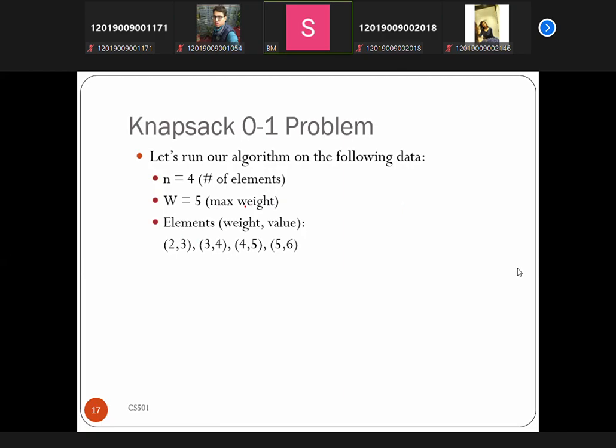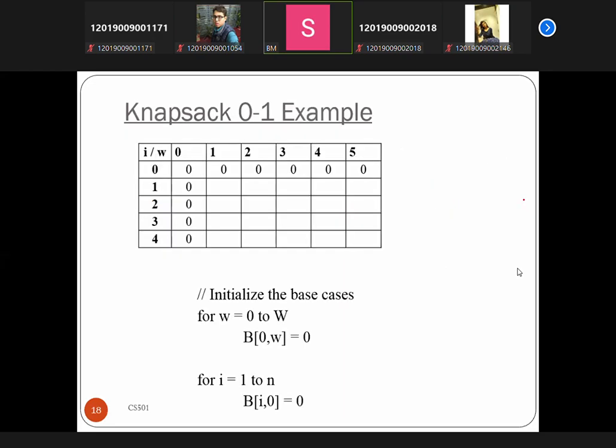The maximum weight of the bag is 5, and the value or the profit is 3, 4, 5, 6. Now, how are you supposed to do it? First, all the 0s: 0, 0, 0, 0, 0, 0. This is the initial thing.